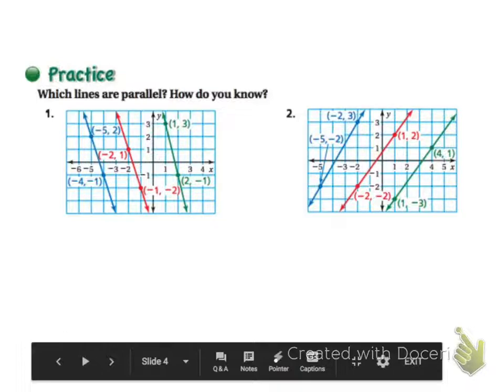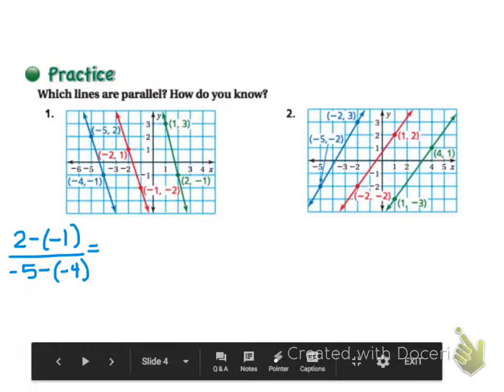For number 1, if I'm going to calculate the slope of the blue line, I would calculate the change in the y-coordinates. It doesn't matter which point you start with, just make sure you're using the points. It's easy when they're color-coded like this because you know which one goes with the blue line. So I would take the change in y, which would be 2 minus the negative 1, over the change in x, which would then, I go back to the original point, which is negative 5 minus negative 4.